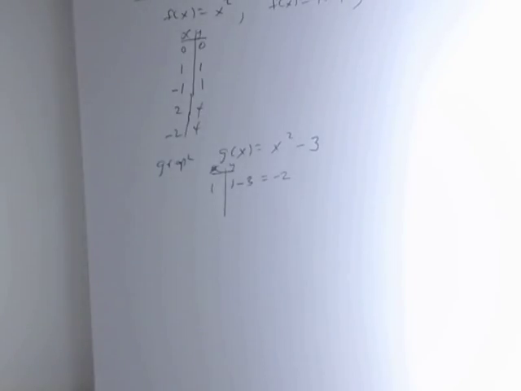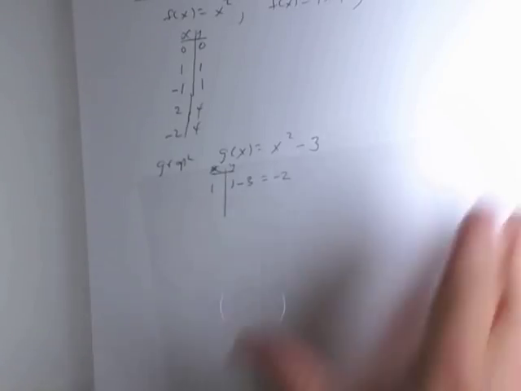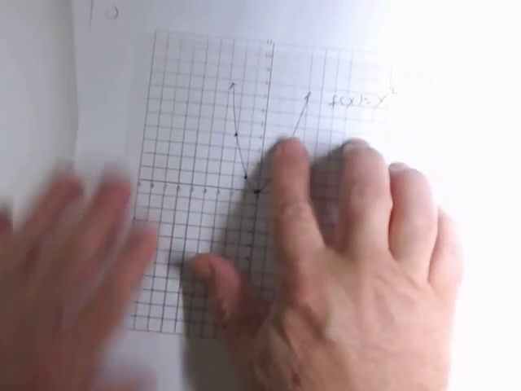And so when you graph this, I'm trying to use this transparency. Okay, so when I graph this, I'm going to go ahead and trace what we just drew.